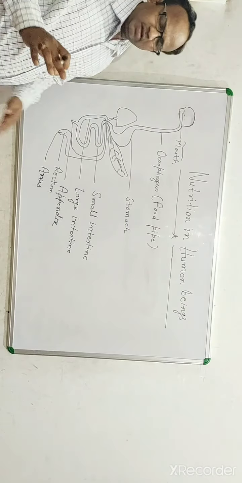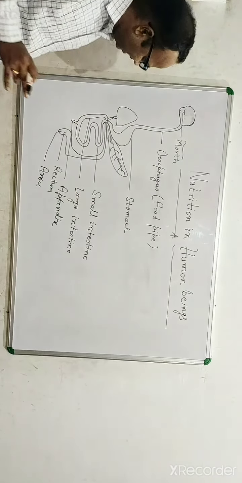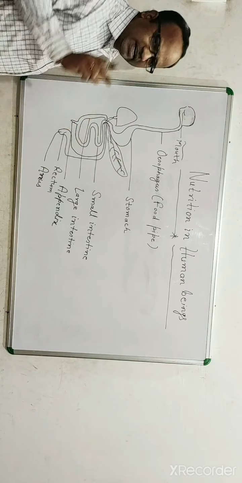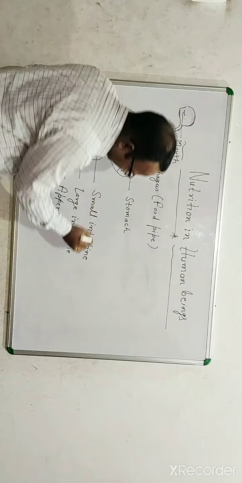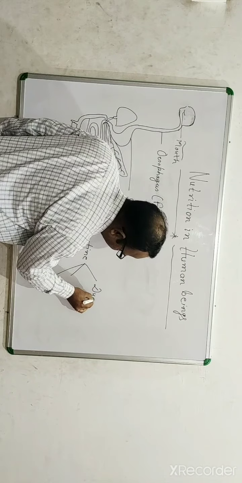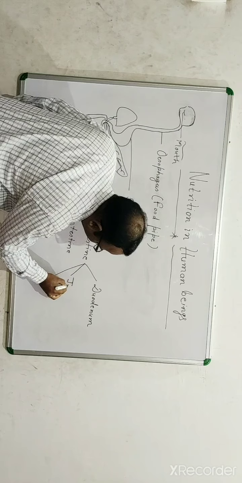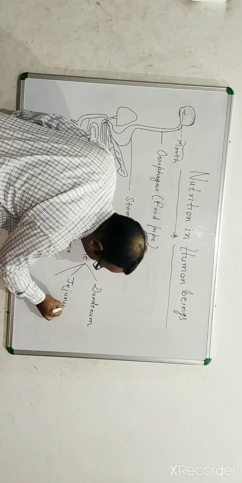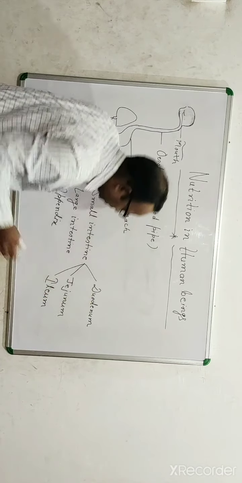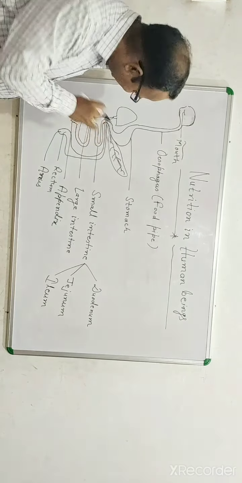If I go for more description of the small intestine and the large intestine, the small intestine is divisible into three different parts. They are duodenum, jejunum, and ileum. Where are the duodenum, jejunum and ileum?